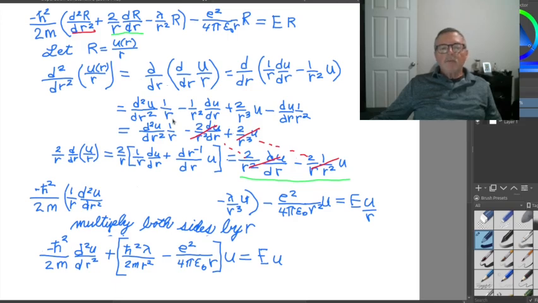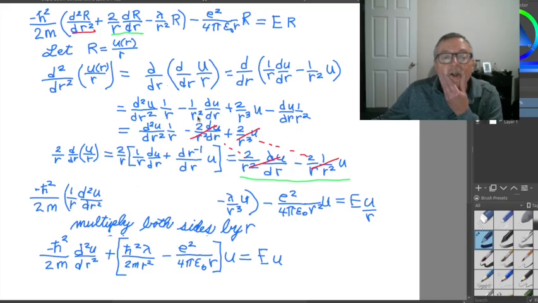Then, in the same way that I got this minus 1 over r squared, I'm going to take the minus 1 over r squared. Let's see, did I do that correctly? Oh, I've got to take 1 over r, which again gives me a 1 over r squared du over dr. Plus, I've got to do these two things.